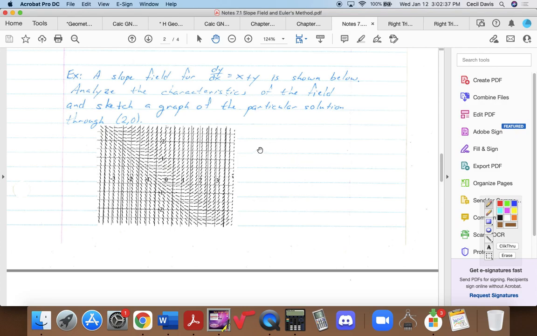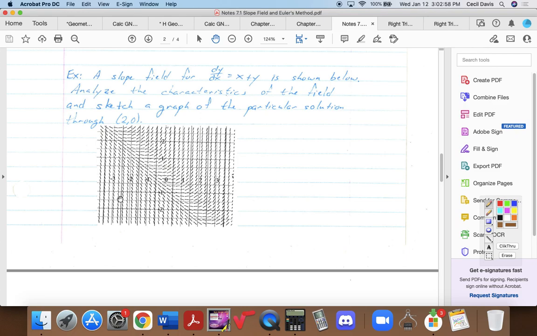All right, so a couple of things to analyze. When it says analyze the characteristics, notice that right in through here, we have a whole bunch of slopes that are really close to 0, right? And to the right of that, all the slopes are positive. And to the left of that, all the slopes are negative. So if they say analyze, do something like that.